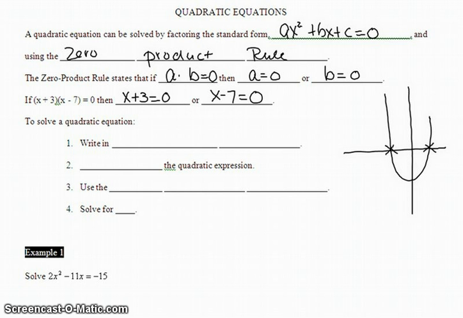So when we go about solving quadratic equations, the first thing we need to do is write this in standard form, equal to 0. So ax squared plus bx plus c equals 0. Everything needs to be on one side of the equation.